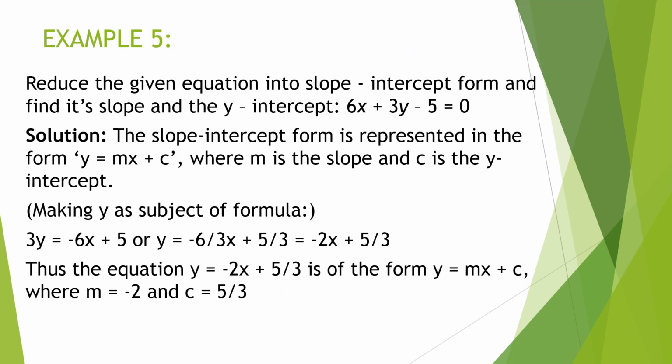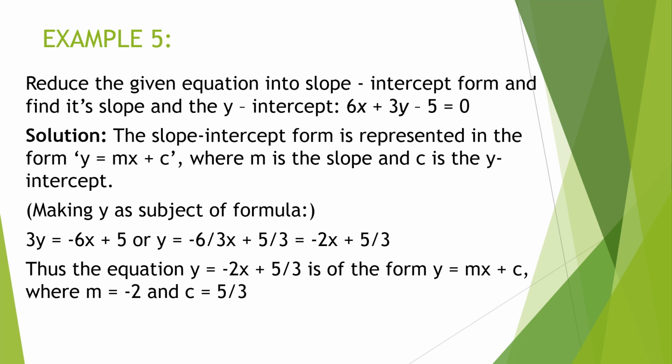Example 5. Reduce the given equation into slope-intercept form and find its slope and the y-intercept. Now a simple example is given just to understand the concept. You are given the equation 6x plus 3y minus 5 equal to 0. Now the slope-intercept form is y equals mx plus c, where m is the slope and c is the y-intercept.